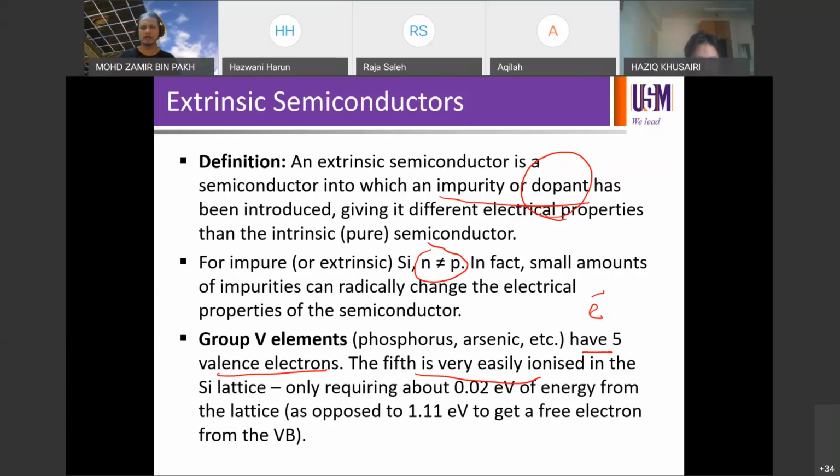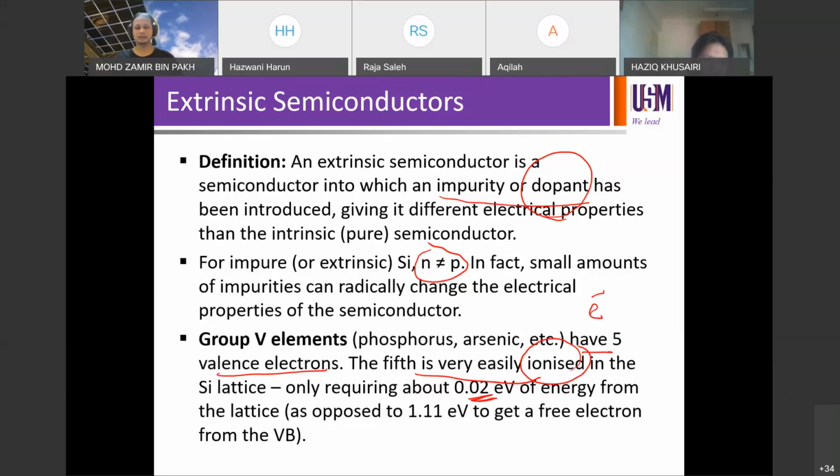It requires only about 0.02 eV of energy in order to be ionized. We discussed last time, I think Hazik did ask, whether we get every single atom to contribute to the conductivity of the semiconductor, or whether we get everything ionized.